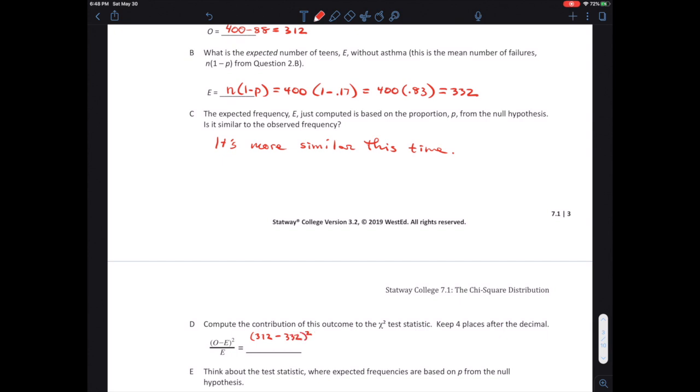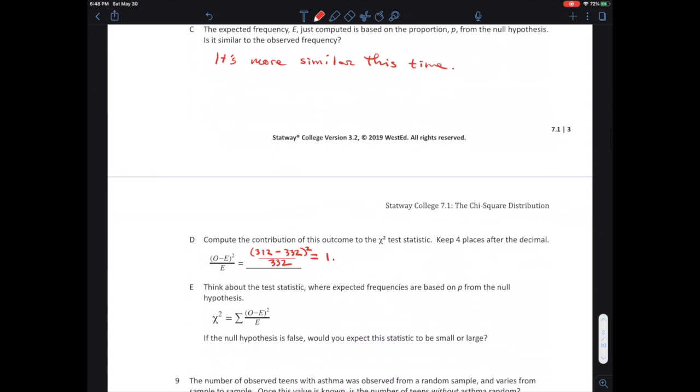You square that and divide by the expected frequency again, which again is 332. Feel free to pause if you like. I got 1.2048.